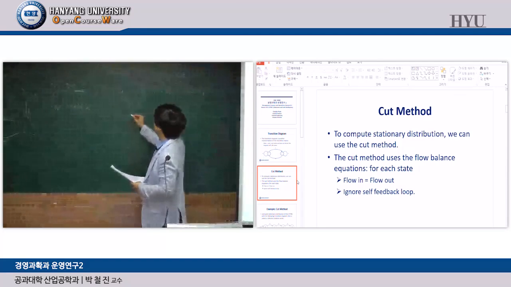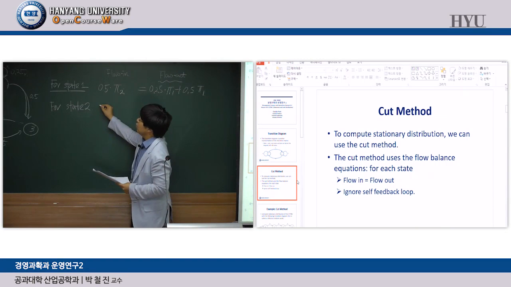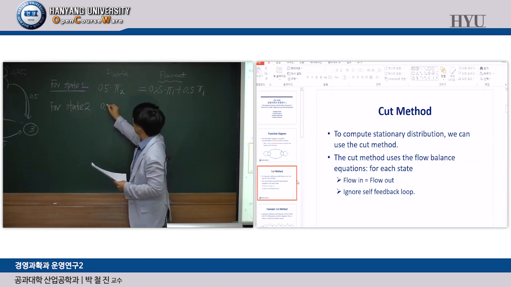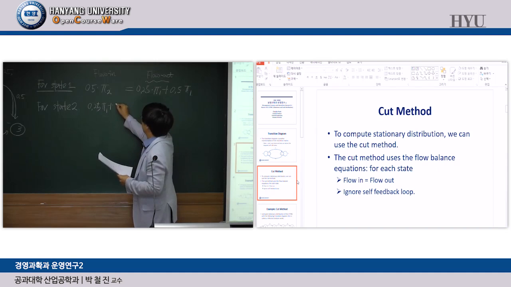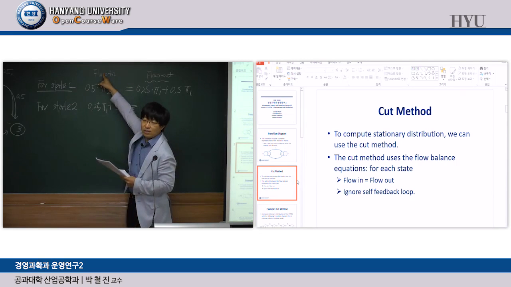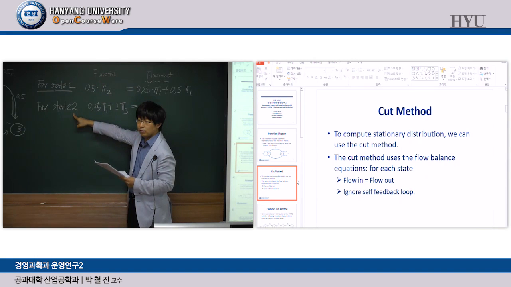So transition probability 1 to 2, 0.25 times pi 1 plus 1 times pi 3. This one represents the flow in part of the equation corresponding to state 2.